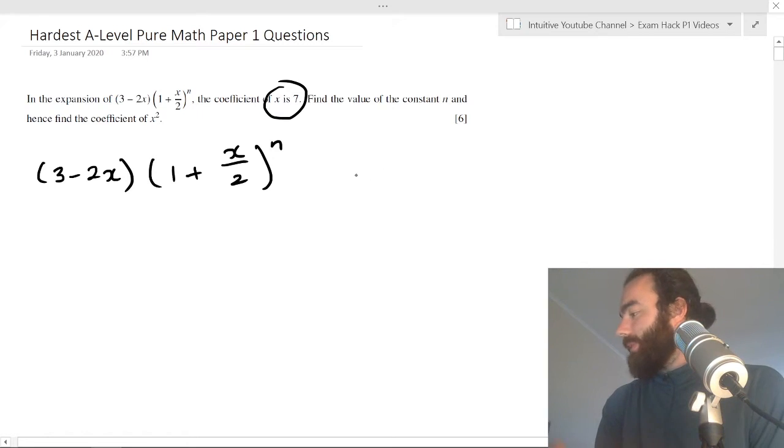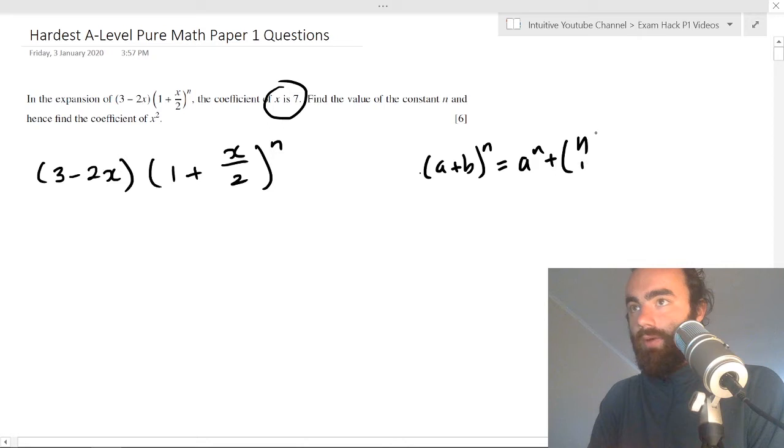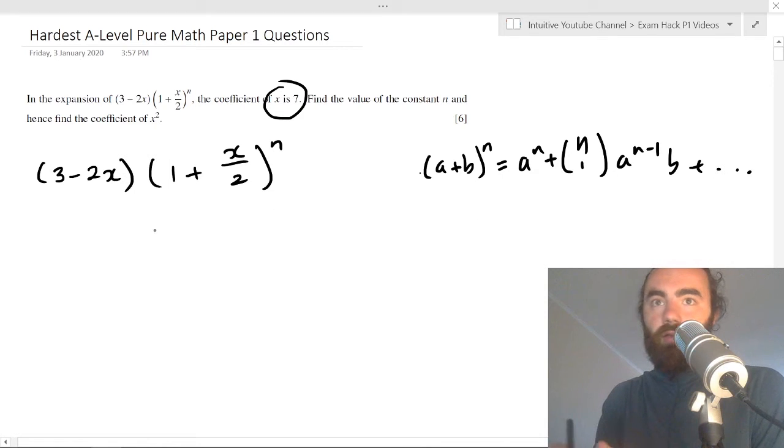solve for n. If we look at our formula sheets, we have this binomial expansion equation, plus nC1 a to the n minus 1 b, plus some more stuff. And so let's just first expand this part.